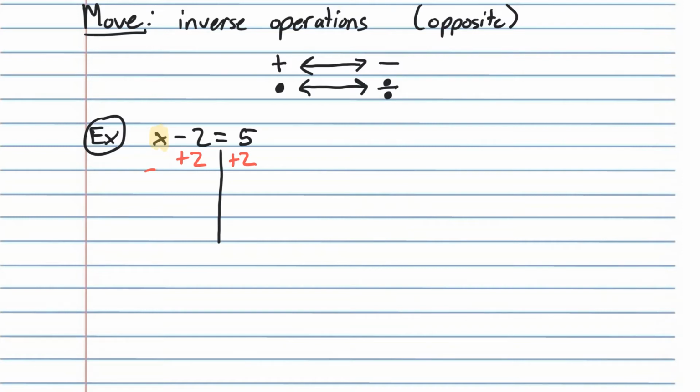Okay? And the line goes across, and now we're going to simplify, okay? Now, what we did here, negative 2 plus 2 makes 0, which is what we want to happen. Essentially, these are going away. They're canceling each other out. That's called a zero pair, because when you add them together, it makes 0, okay? Now we're going to bring down the stuff we didn't use, the parts that are left over, so that x is still there.